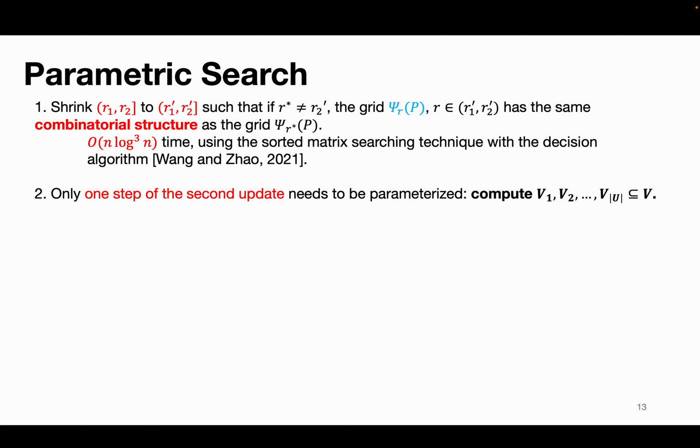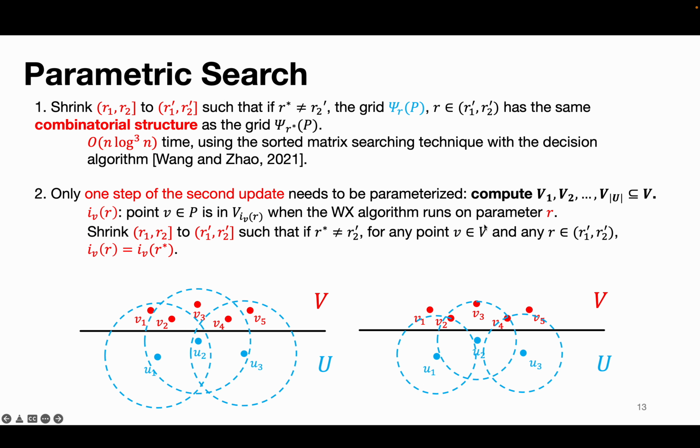And then we consider the rest of the WX algorithm. We notice that only one step of the second update needs to be parameterized, which is computing a group of subsets of V. So the target: we first let IV of R denote the index of the subset of V that contains point V when the WX algorithm runs on parameter R. Then the target of this step is to shrink the interval such that if R star doesn't equal R2 prime, then for any red point V and any parameter R in the shrunk interval, IV of R equals IV of R star.